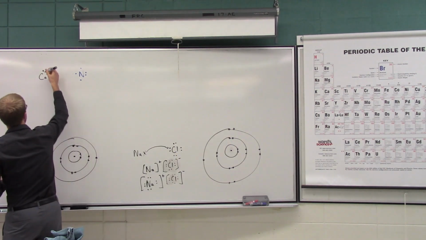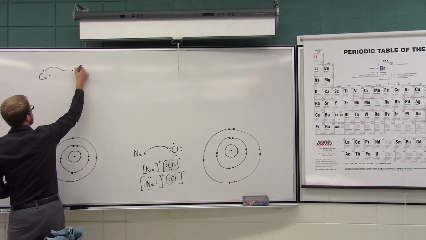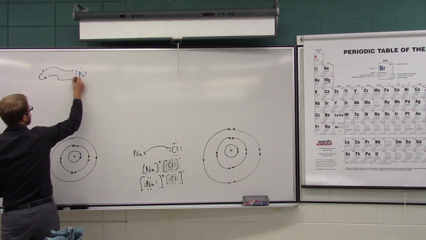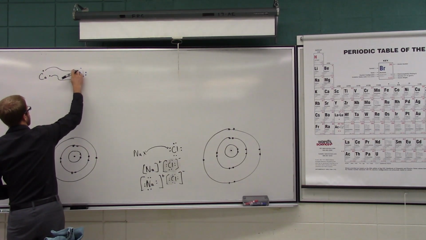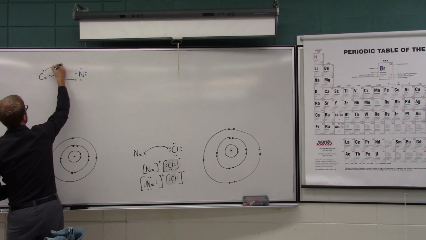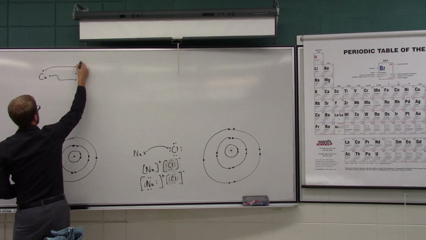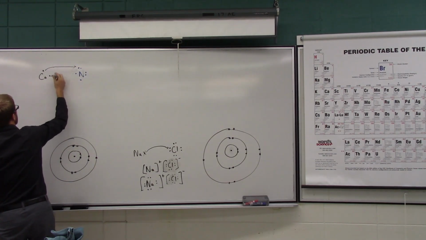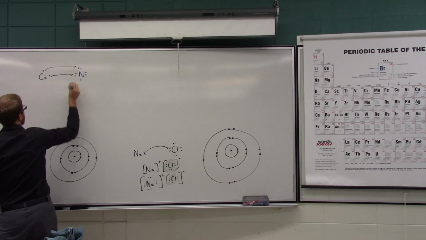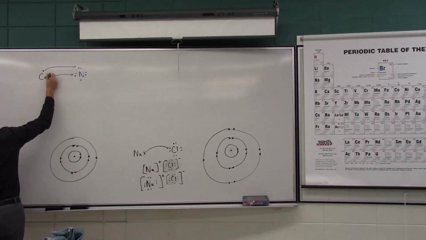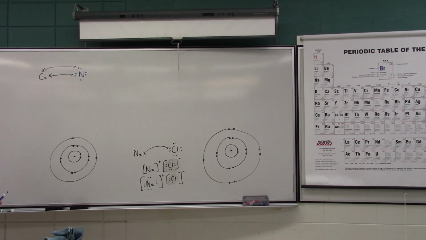Right? So our calcium here is going to lose 2. Right? 1 there. Let's draw 1 there, and let's draw 1 right here. Now is our calcium happy? Yeah, right?